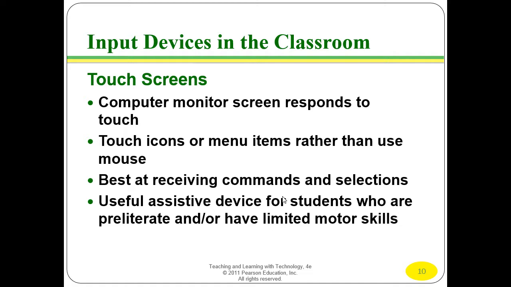So if there's some motor issues there for some students, they can still use the touch screen instead of that mouse, and still have some control over it. And certainly for those young children that can't read yet, the graphics learning software that you can get for them allows them to touch and interact with that software and learn all kinds of good things.